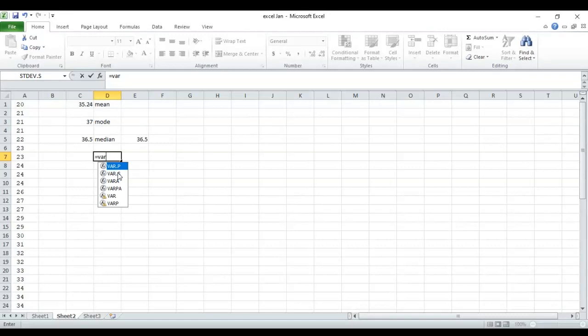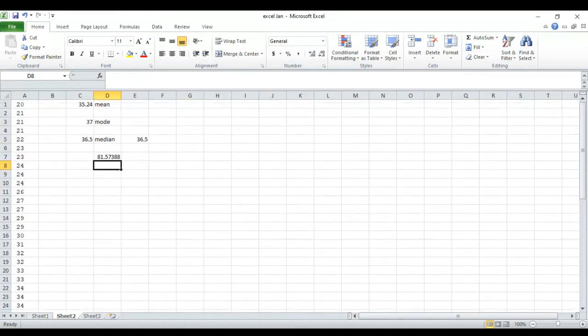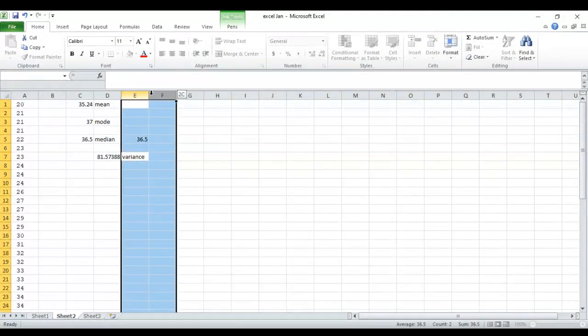Most times we just have a sample, so we use variance dot S, and what that is, it's the standard deviation squared. I don't really use that very much. We don't use it in real life. I don't really use it at all. So this is the variance for the sample.